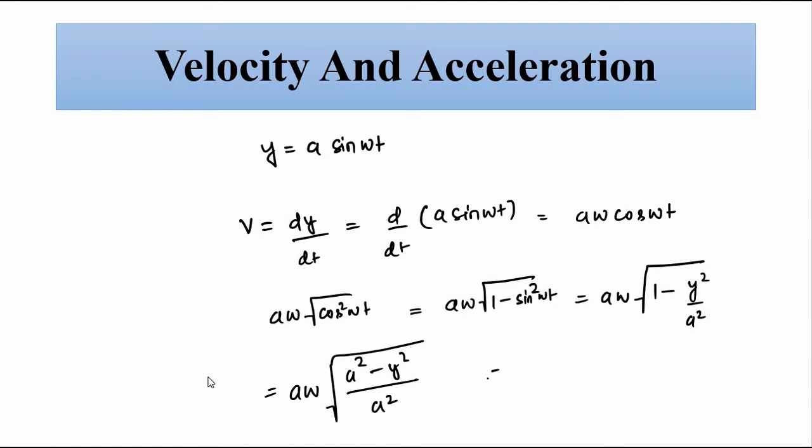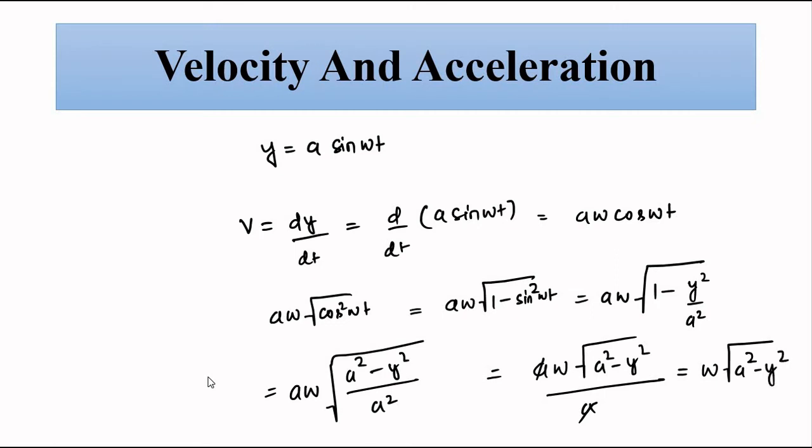Then a square in the denominator gets cancelled, so it is simply omega into root over a square minus y square.